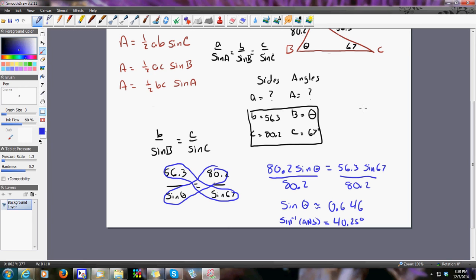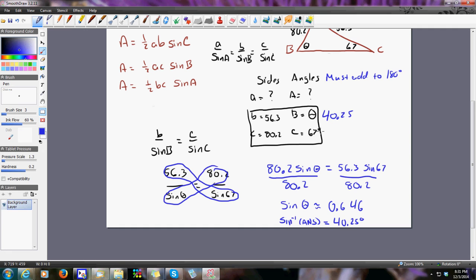One of the things I want you to realize is once you find out that B is 40.25 degrees, you know you can find out what A is real quickly because it's a triangle. So the angles must add to 180. And so 67 plus 40.25 gives me 107.25.